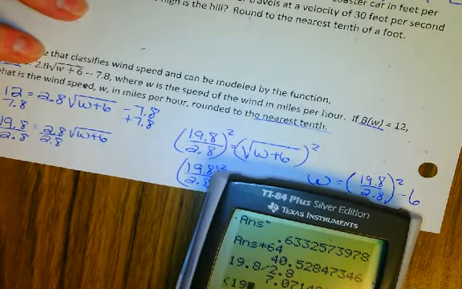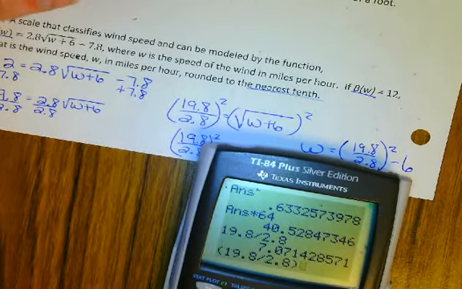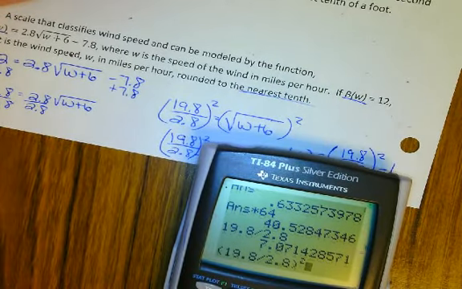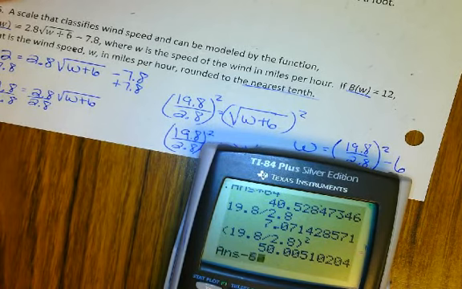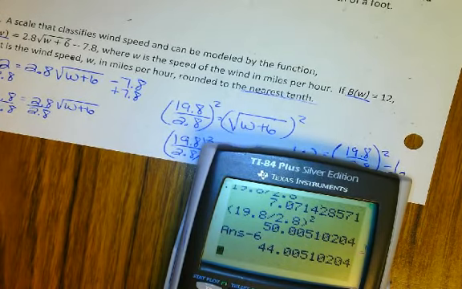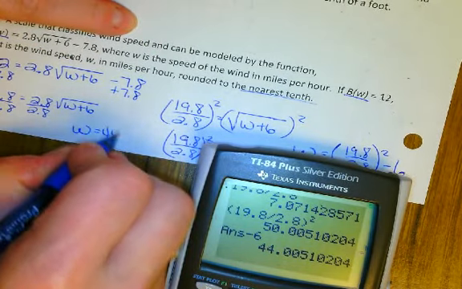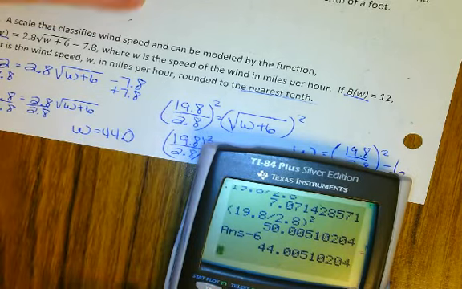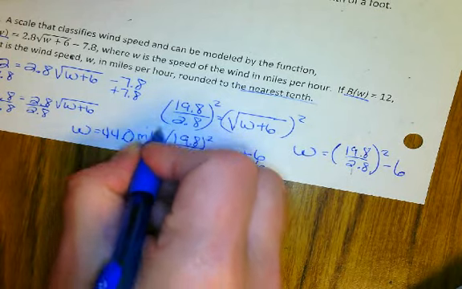Alright, so 19.8 divided by 2.8 squared, enter. And then minus 6. And if I round that to the 10th place, W will equal 44.0 miles per hour.